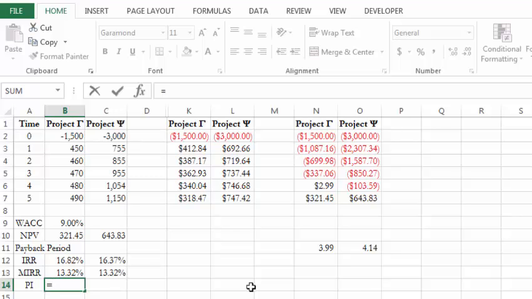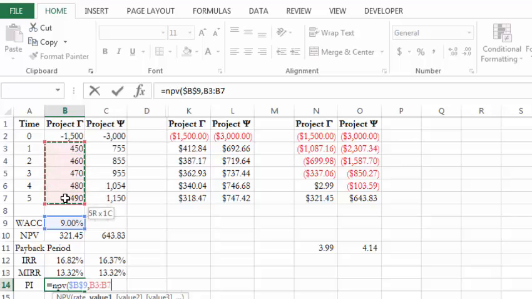The easiest way of doing that is the NPV. We're going to look at the rate, and I'm going to hit my F4 key so that I can hold that one constant, and then I'm going to highlight from time period 1 through 5. Remember, NPV doesn't even look at period 0 at all, but even if it did, we don't want that one in here anyway.